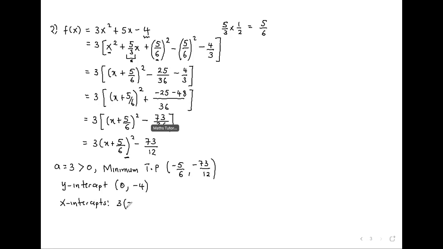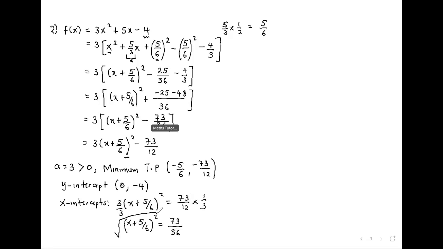So we have 3x plus 5 over 6 squared is equal to 73 over 12. You divide by 3, you multiply by 1/3. So we get x plus 5/6 squared is equal to 73/36.